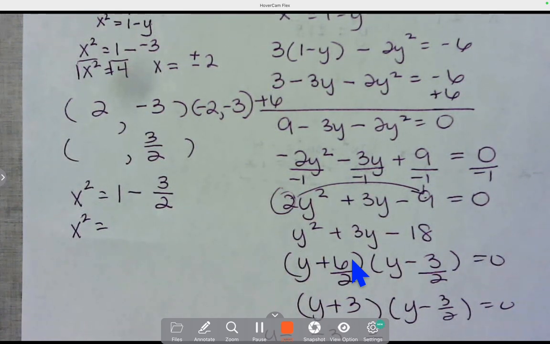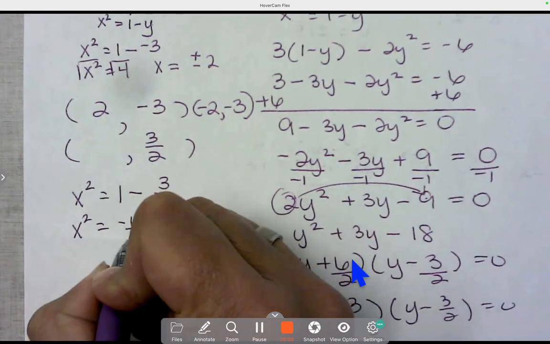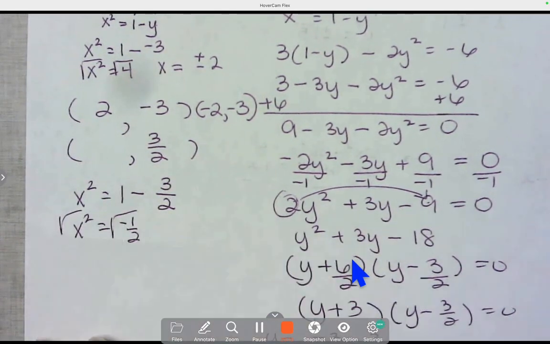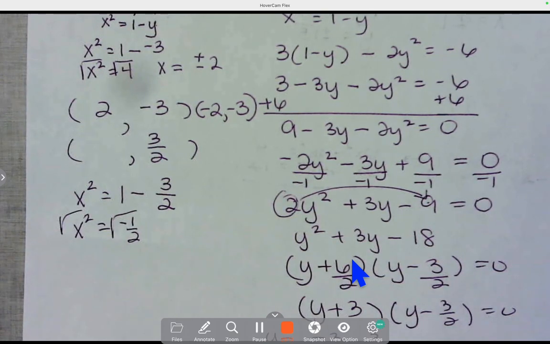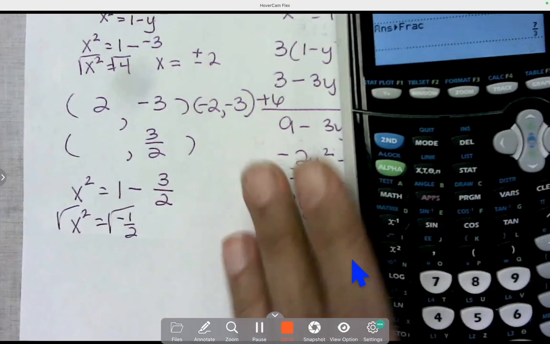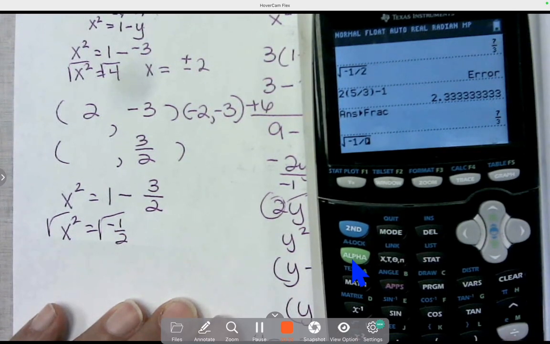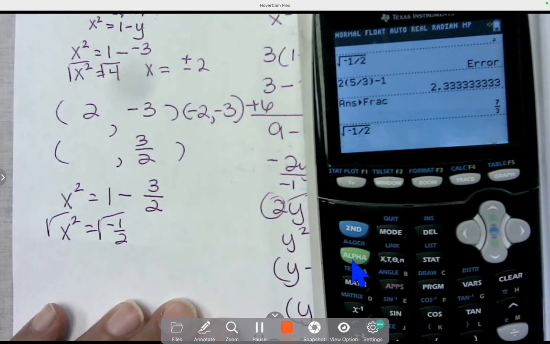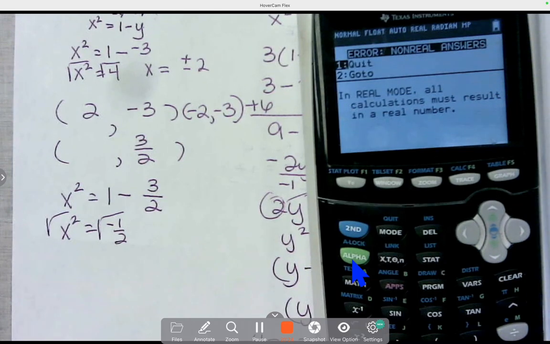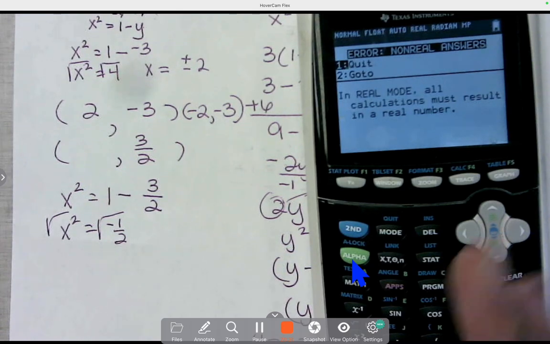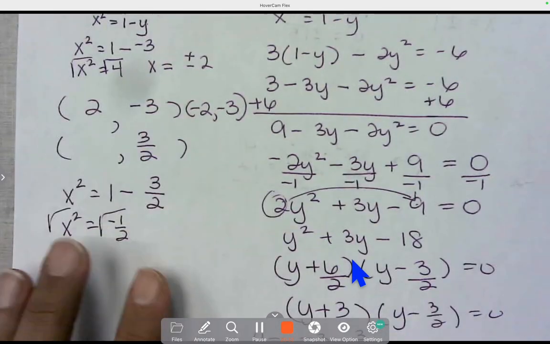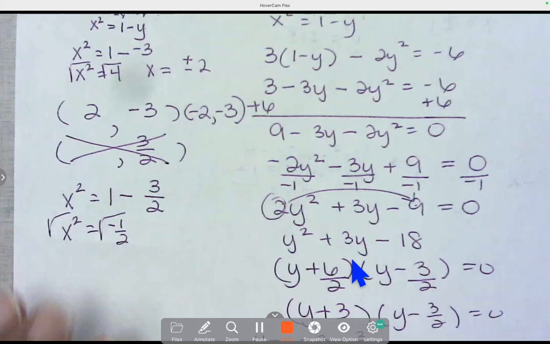Negative 0.5, basically negative 1/2. And what happens when you try to square root negative 1/2? You get an error because you can't square root a negative. It doesn't exist. Now, we learned in Unit 3 that we can use i, but remember i is the imaginary number. It's a number that does not exist, which means this point does not exist.